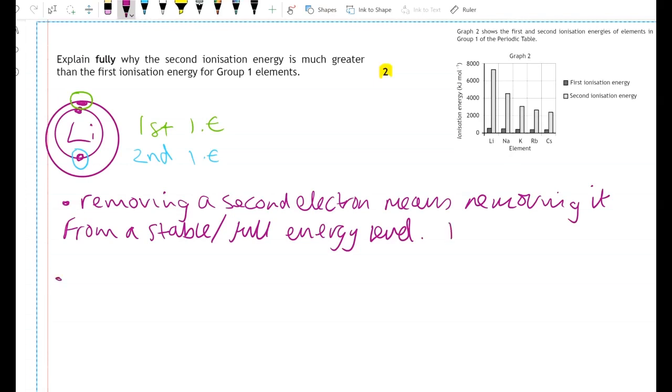Your second then is for linking it to shielding and nuclear charge.